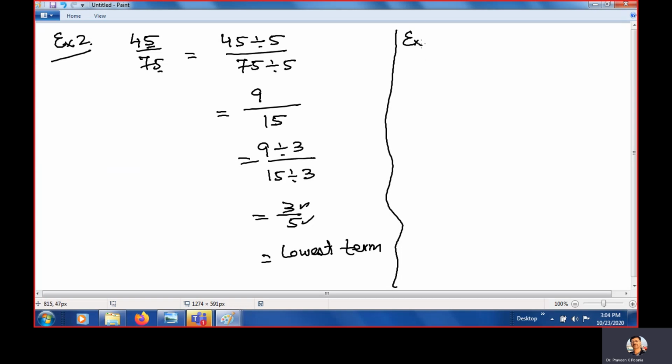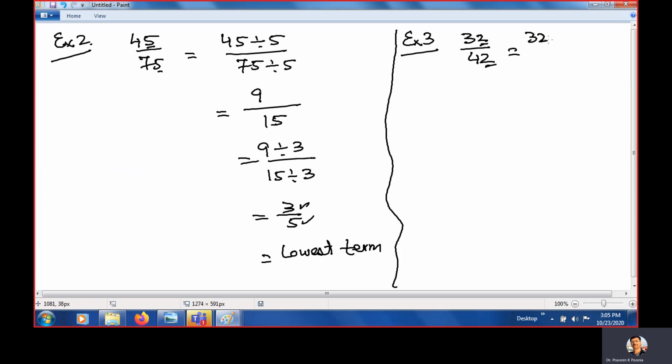Now we'll take one more example here. Find the lowest term of, let us say, 32 upon 42. Find the lowest term of 32 upon 42. Clear? If we see, here is 2, here is 2.